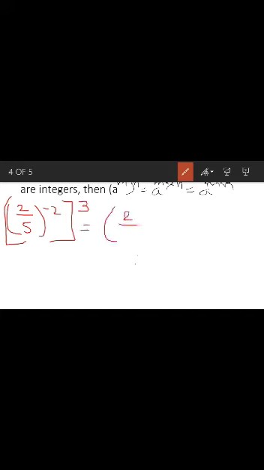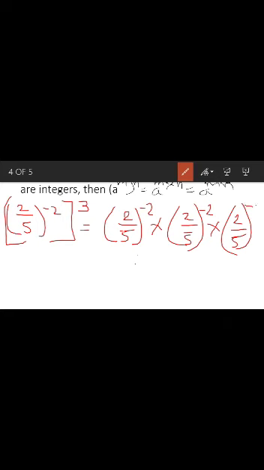(2 upon 5) raised to minus 2 multiplied by (2 upon 5) raised to minus 2 multiplied by (2 upon 5) raised to minus 2. Okay, now we'll simplify this. What will it come, students? 2 upon 5 raised to minus 2 plus minus 2 plus minus 2.